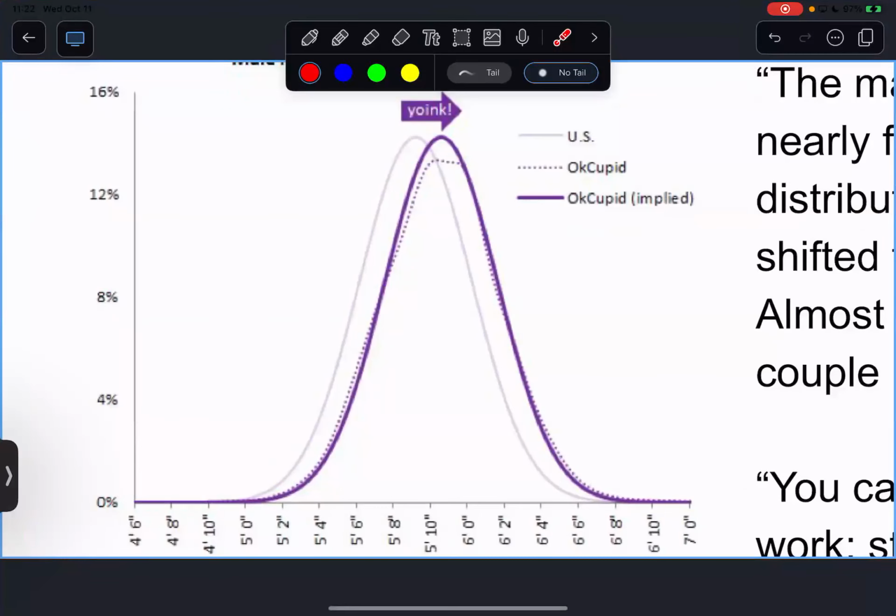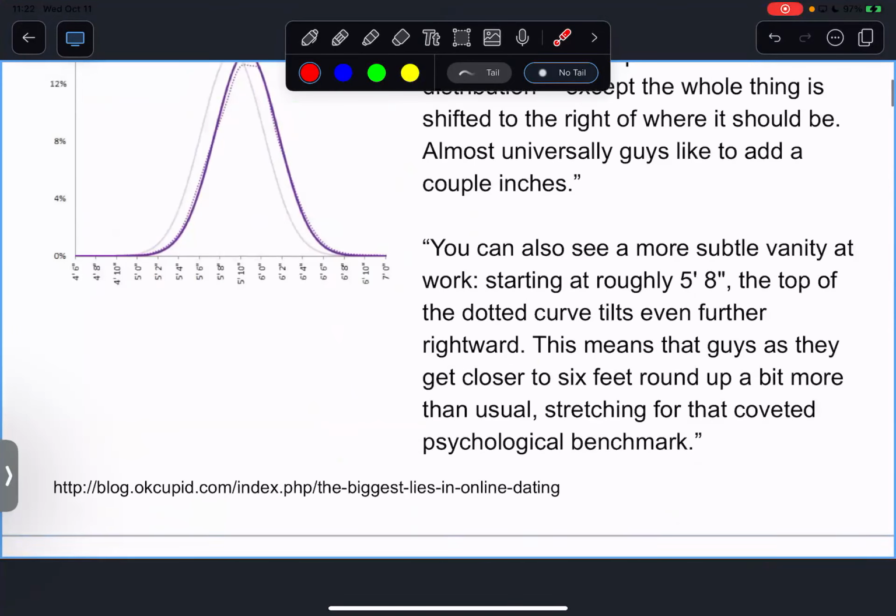Hello? Okay, so we know the distribution of US adults, and then that's this faint line here. And then looks like everyone just kind of made themselves a little taller. But also there's this kind of interesting shift where they talk about starting at roughly 5'8".